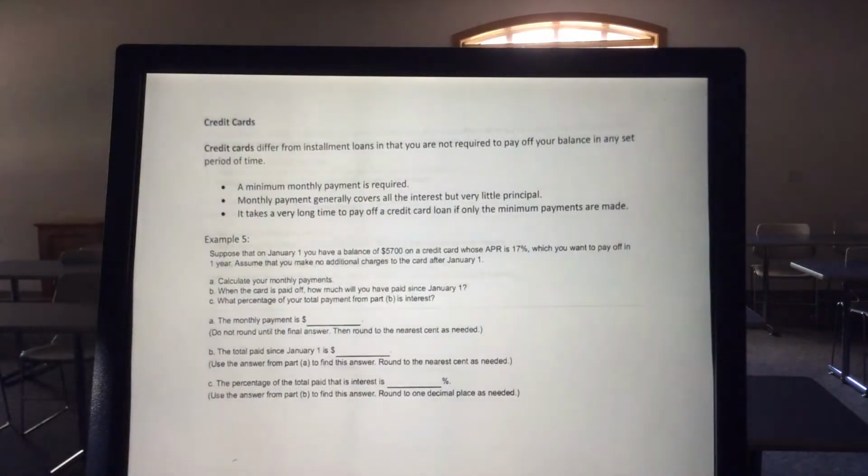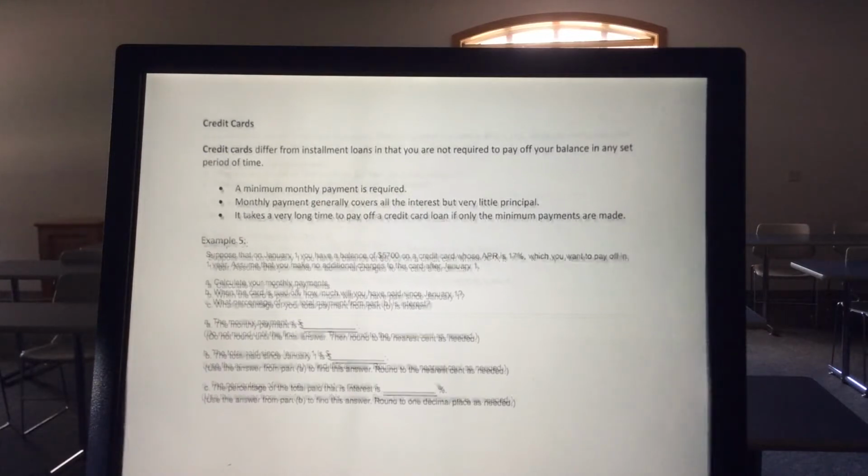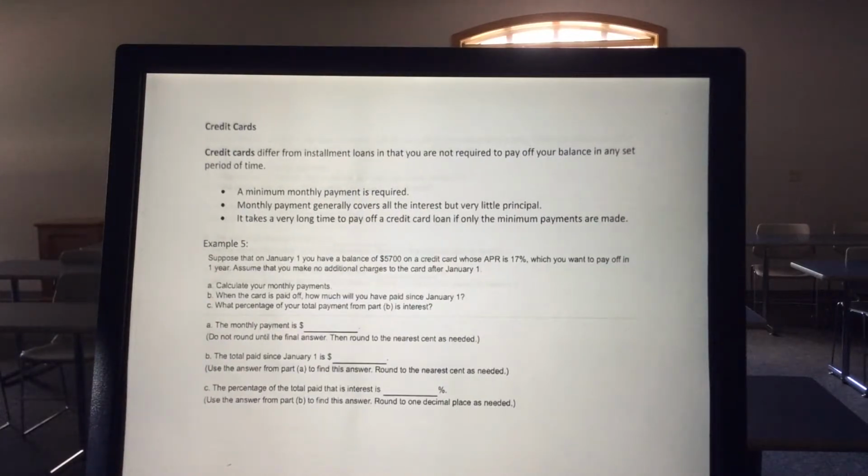All right, next we'll talk about credit cards, because that's something that most of us would have in our wallets. Credit cards differ from installment loans in that you are not required to pay off your balance in any set period of time. In this case, a minimum monthly payment is required when you have a credit card.